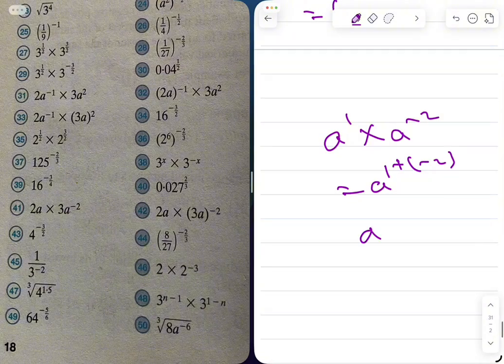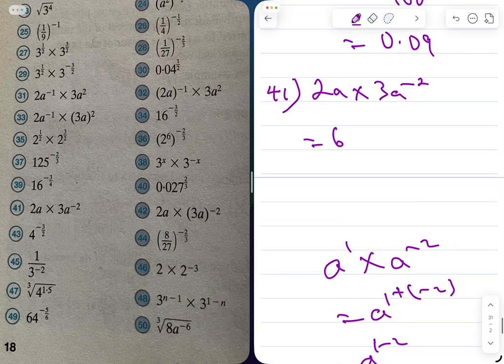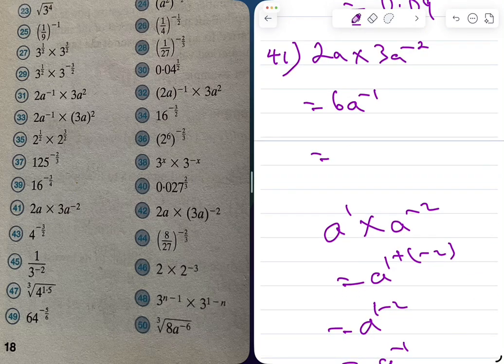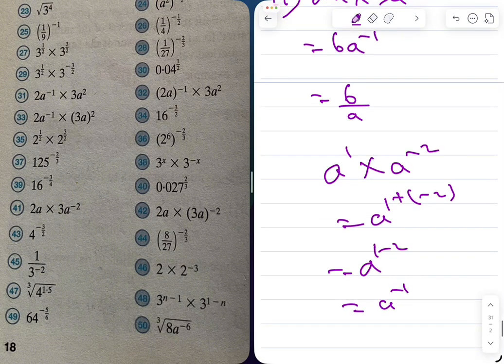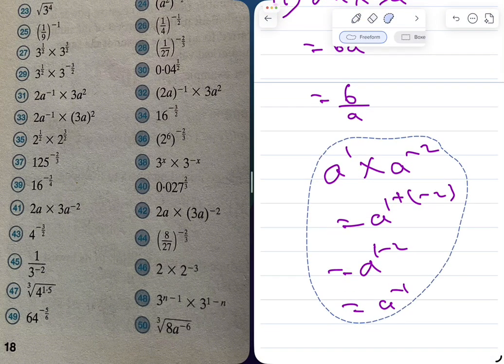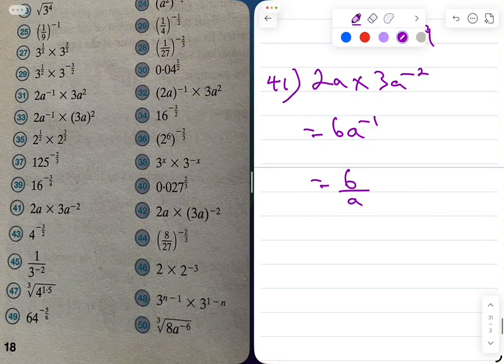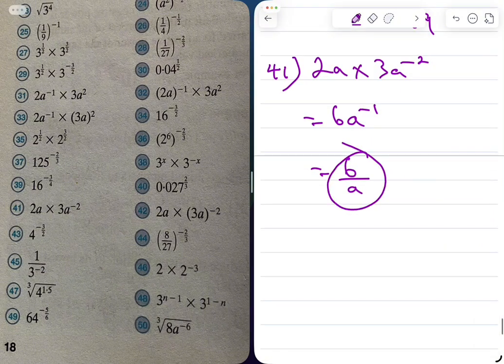And that simply means a raised to the power 1 minus 2, which is a raised to the power minus 1. So this simply means 6a raised to the power minus 1, which is equal to 6 over a, because we know that a raised to the power minus 1 means 1 over a. So 6 times 1 over a is the same as 6 over a.